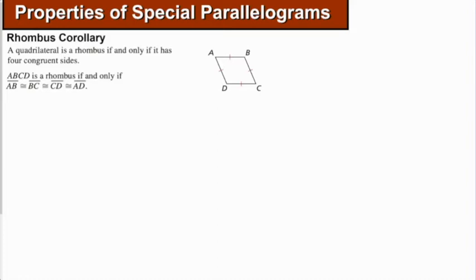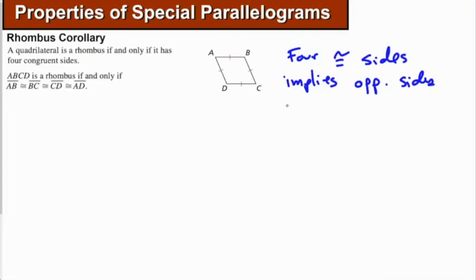So if you find a quadrilateral with 4 congruent sides, then opposite sides are congruent, which makes it a parallelogram.